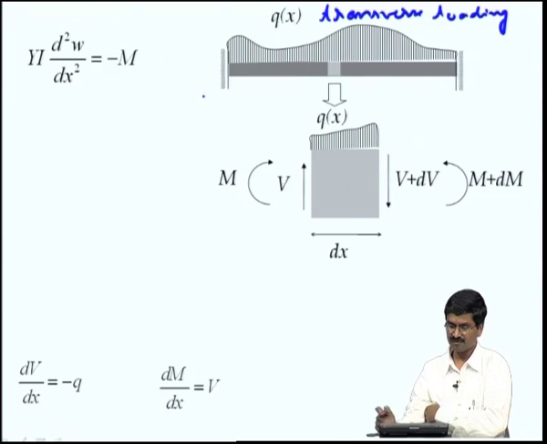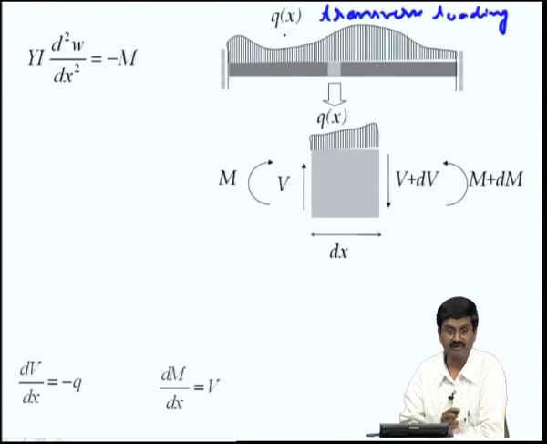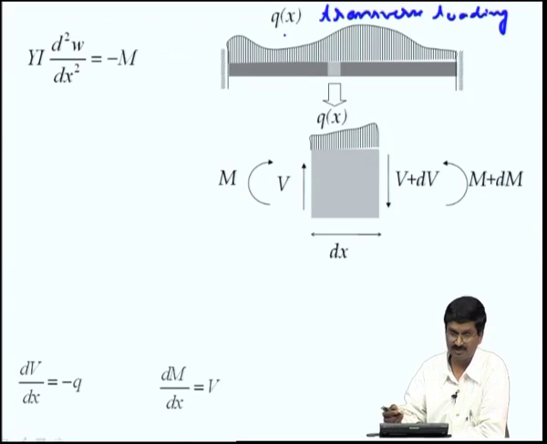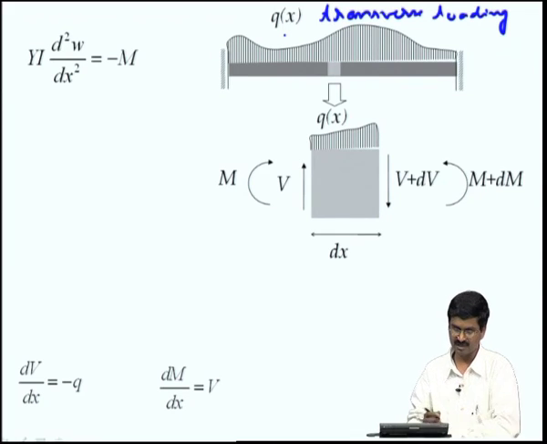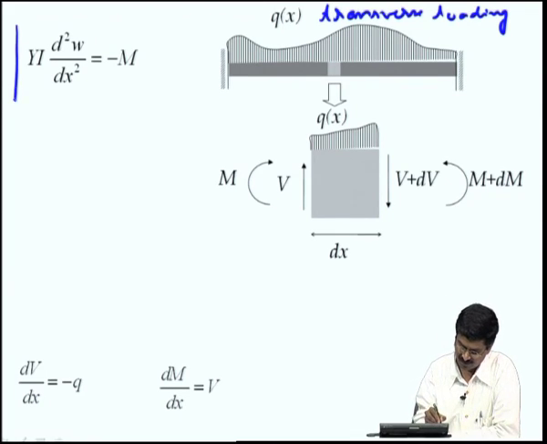Now, we want to find this Q of x, or Q R, which is equivalent to our thermal residual stress or any other residual stress. In order to see that, we want to bring in another small concept that we had discussed in one of the last lectures, which is the governing equation of the beam.